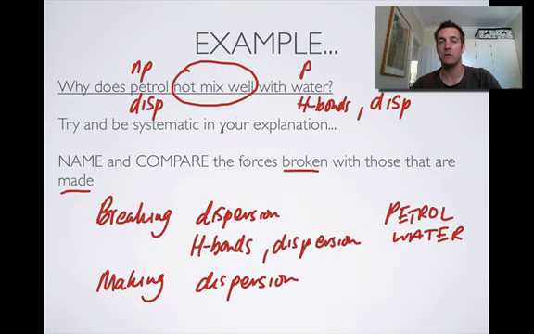But if you know that something doesn't dissolve well, then you can say that the forces that you've made are not strong enough to make up for the ones that you broke. So once again, be systematic. Mention the forces that were broken, mention the forces that were made, and make a comparison between the two. But actually name those forces.